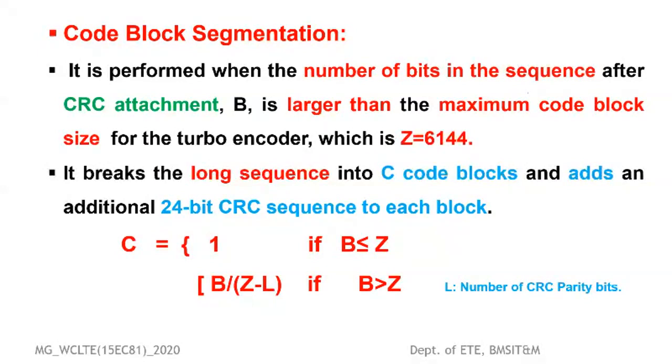L is the number of CRC parity bits. By using that, we will be able to decide the code block segmentation size. I hope it is clear now.